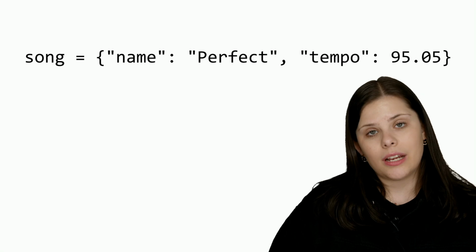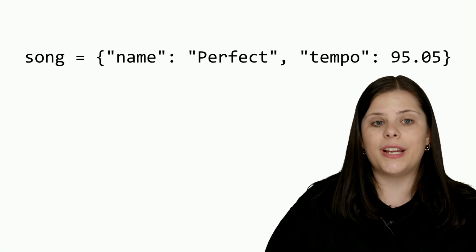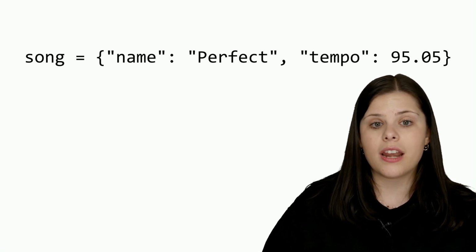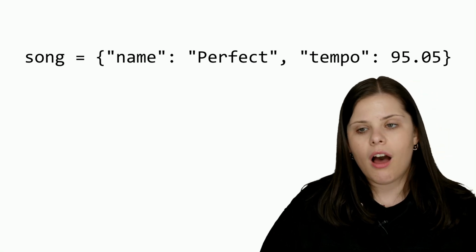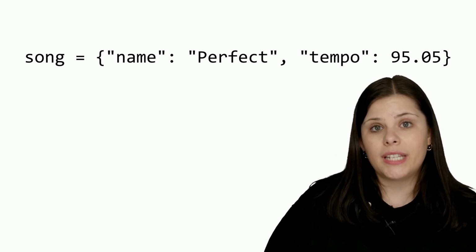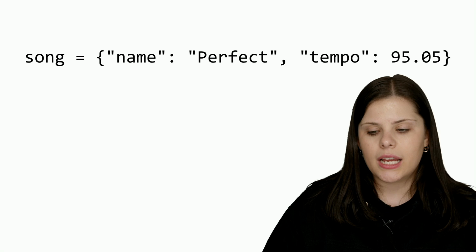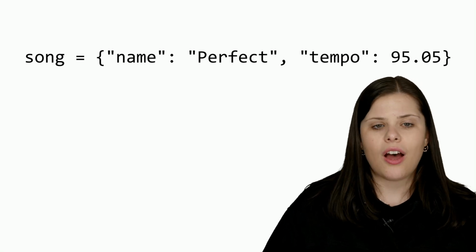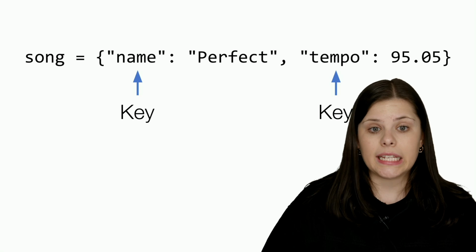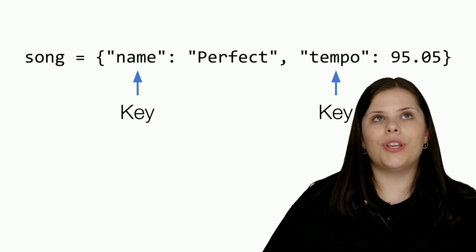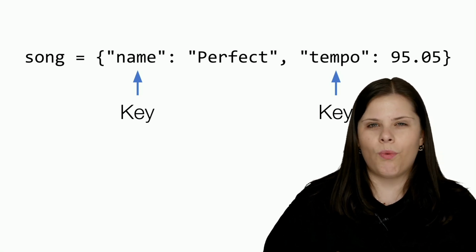If, for example, we wanted to store some information about songs, what would be helpful to have? The name of the song is helpful, maybe an author. In this case, we also have tempo, which is a metric for each of the songs. And this is how we would store them. We have keys, which is like when you open a physical dictionary, what are you looking for?